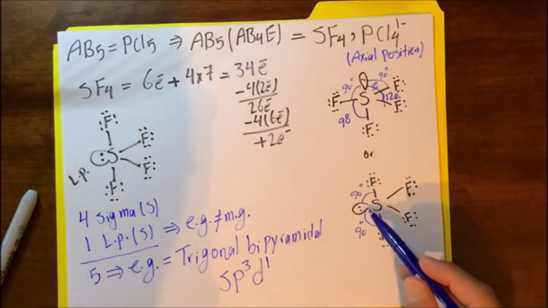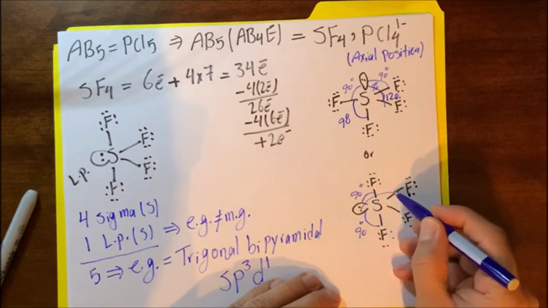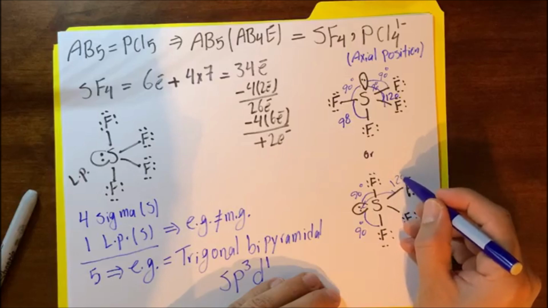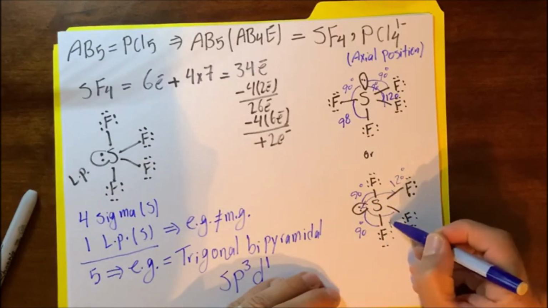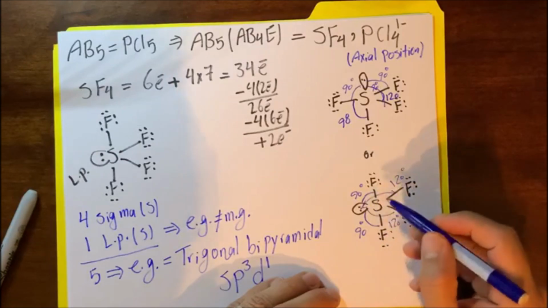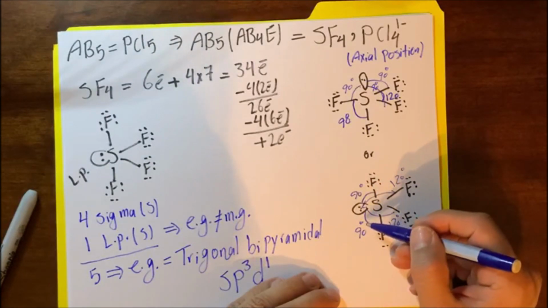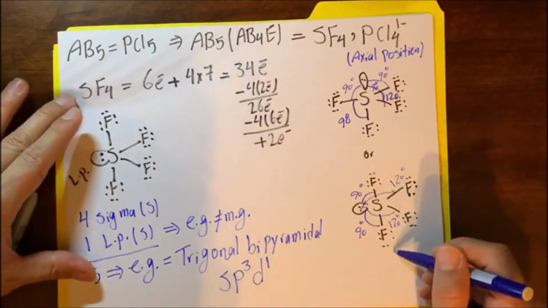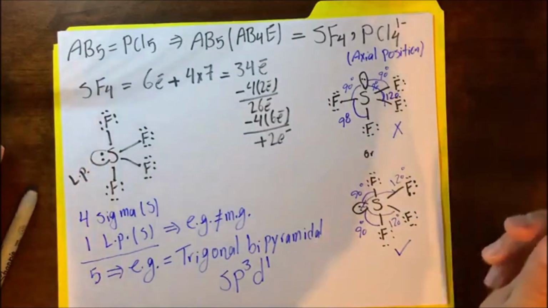If we put it in the equatorial position, the gap between this lone pair and another one that is equatorial will be 120 degrees. So we have two 120 degree gaps and only two 90 degree interactions. The fewer 90 degree interactions you have, the more stability you get. That was the reason I decided to go with this, and I said this one is wrong.